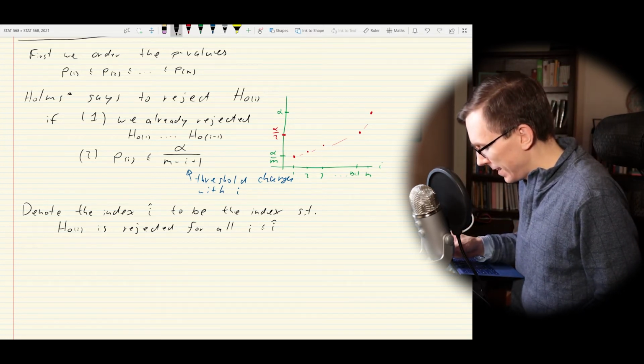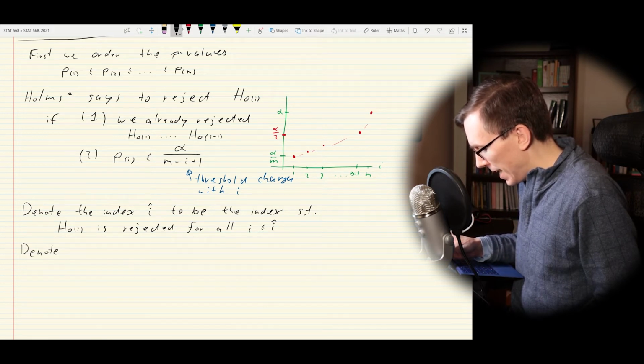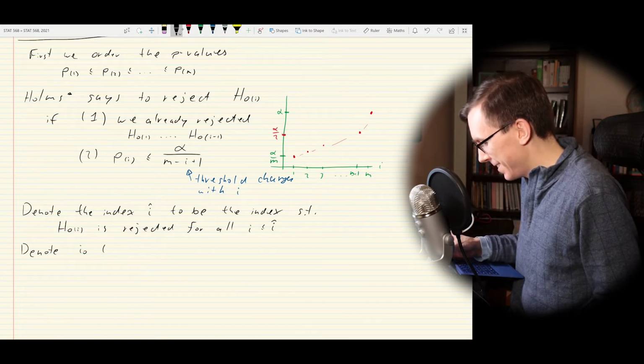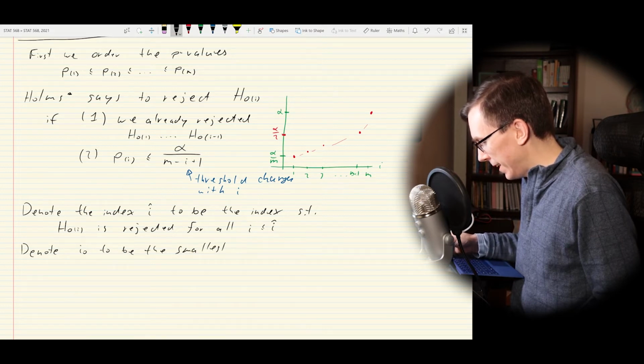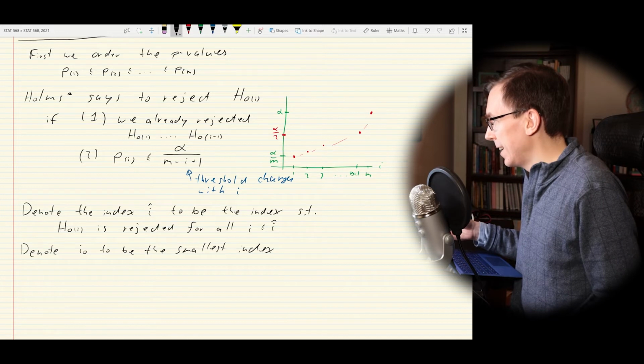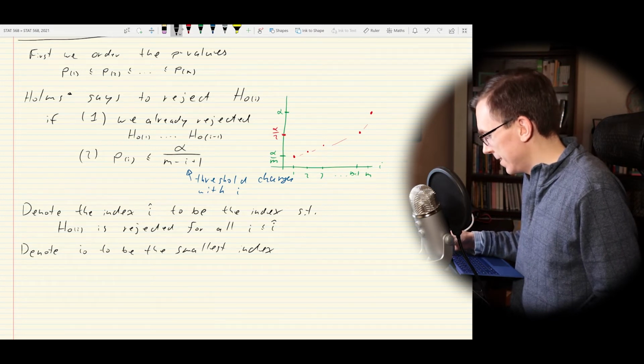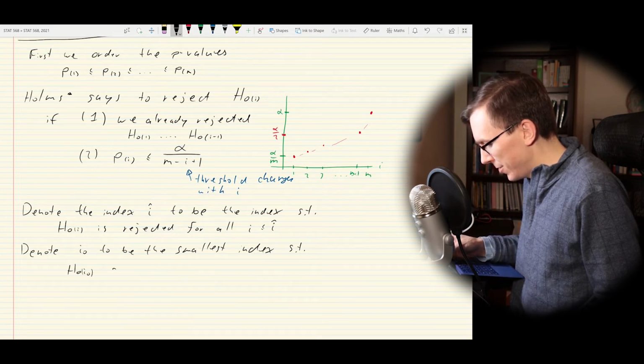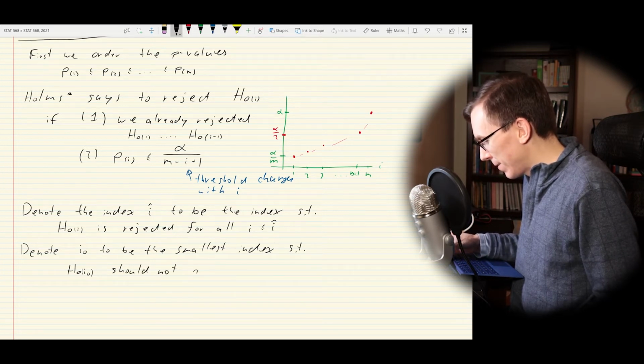And then we also denote I naught to be the smallest index such that h naught I naught, I guess I should put this in brackets, should not be rejected.